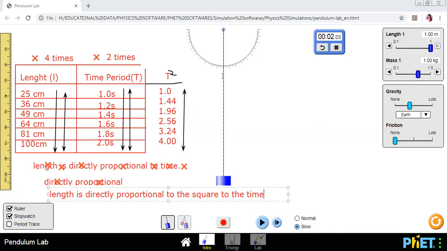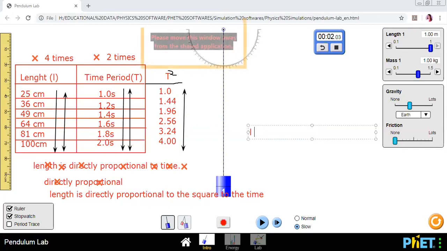This is our relation. What is the relation, beta? The relation is that length is directly proportional to the square of the time. Mathematically, I will write L is directly proportional to t square. Let me write it because I cannot draw these symbols. This is the sign we use for directly proportional.